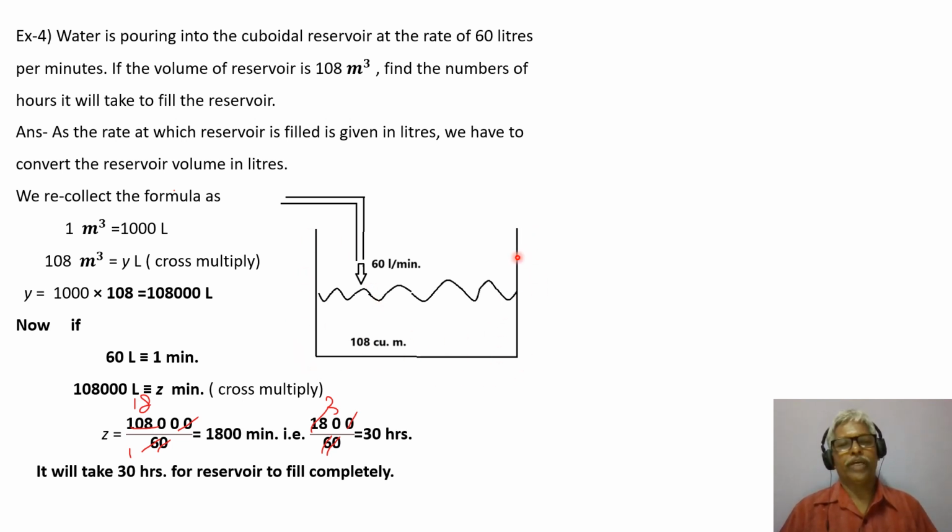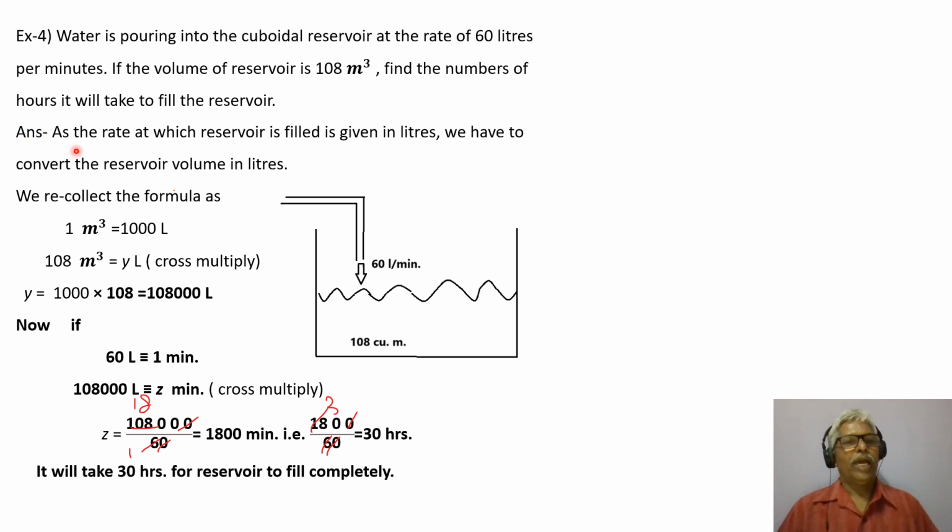Draw this rough diagram, and its volume is 108 cubic meters, and it is being filled at the rate of 60 liters per minute. Water is being poured in this. So keep this figure in front of your eyes, and then we go for the answer.